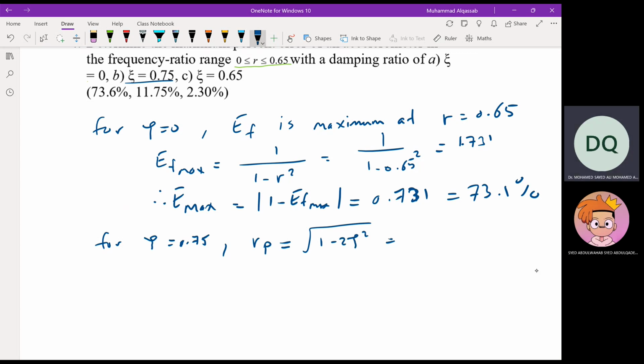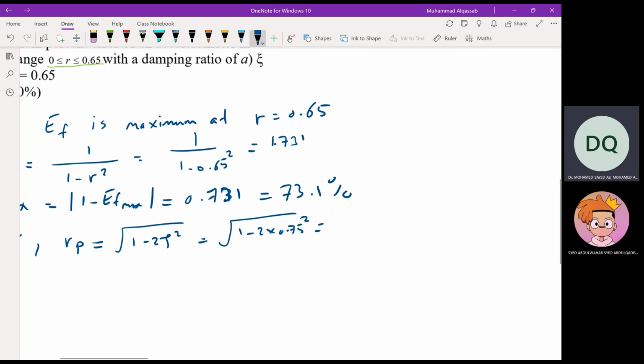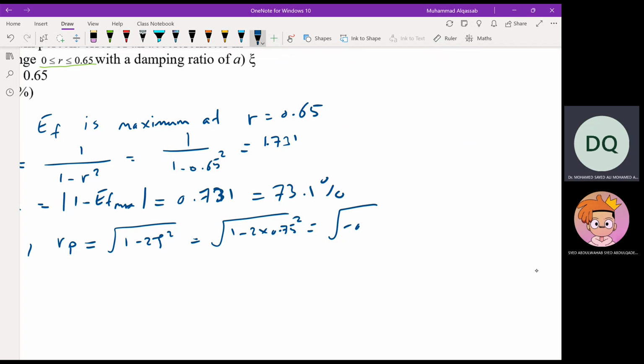This would be imaginary. 1 minus 2 times 0.75 squared is negative, minus 0.125, which is imaginary, so there is no peak.